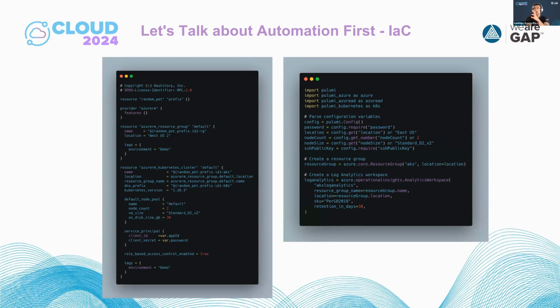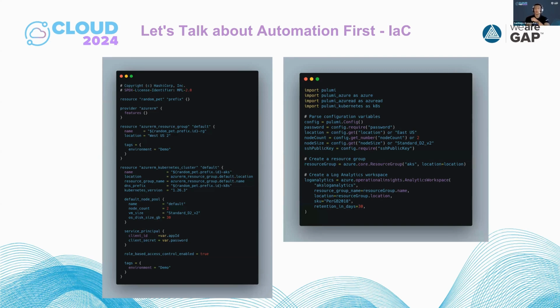So instead of trying to create everything manually, you can take advantage of examples like the one on the left, which is using Terraform, or the example on the right, which is using Pulumi. If you take this as an example, both are doing exactly the same thing. They are provisioning an AKS cluster with a very basic configuration in a region.